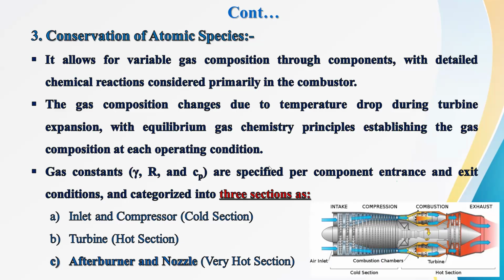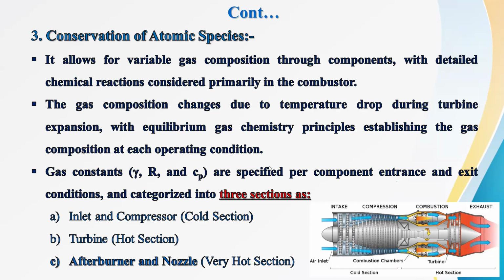Therefore, the gas constant R, gamma, and Cp: gamma is Cp over Cv, R is the gas constant, and Cp is the specific heat at constant pressure, which are specified per component, for entrance and exit conditions.